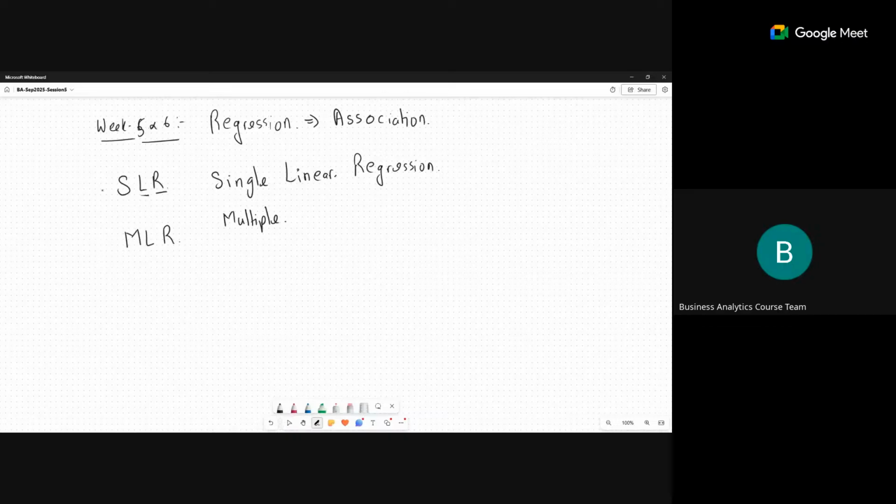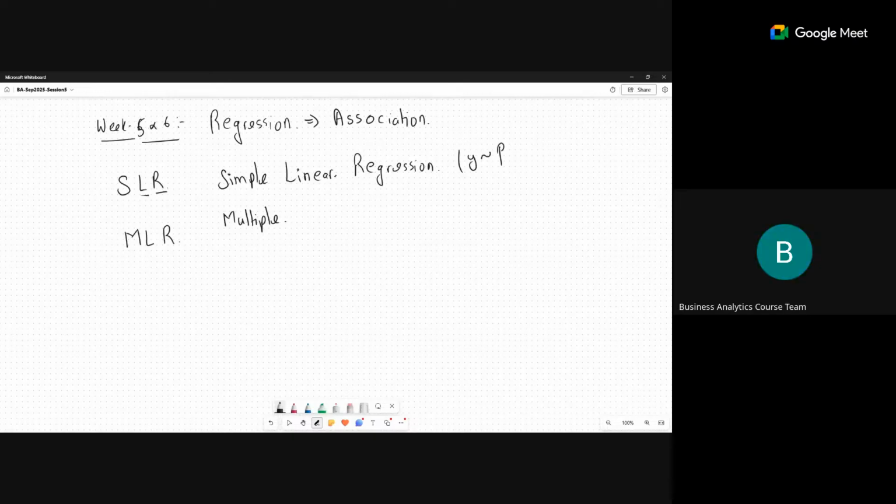Simple linear regression or multiple linear regression. In simple linear regression, you have only 1 variable.